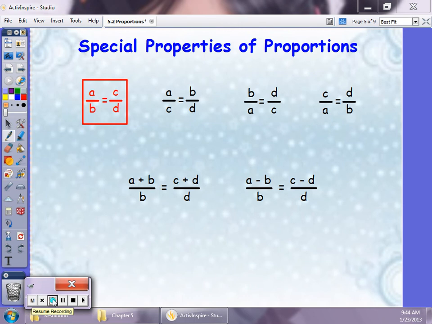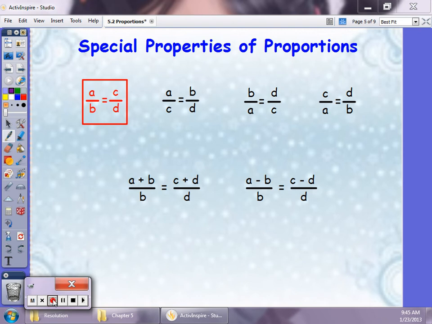Here are some special properties of proportions. So given the proportion in red, a over b is equal to c over d, here are just a couple of the special properties of proportions. So we can say that a over c would also be equal to b over d. We could say that b over a is equal to d over c. c over a could be equal to d over b.